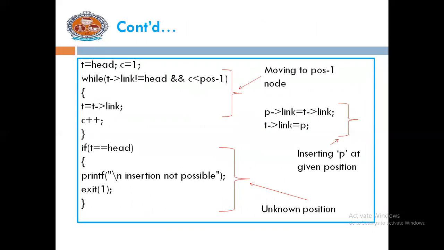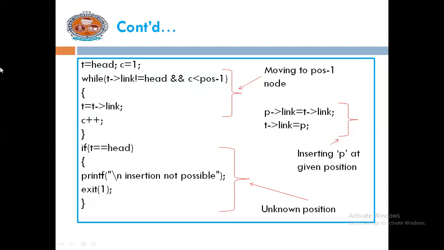So the previous node is the node at place position -1, and the next node is the node at place position +1. So we need to keep track of these 2 nodes, a node at position -1 place and a node at position +1 place.